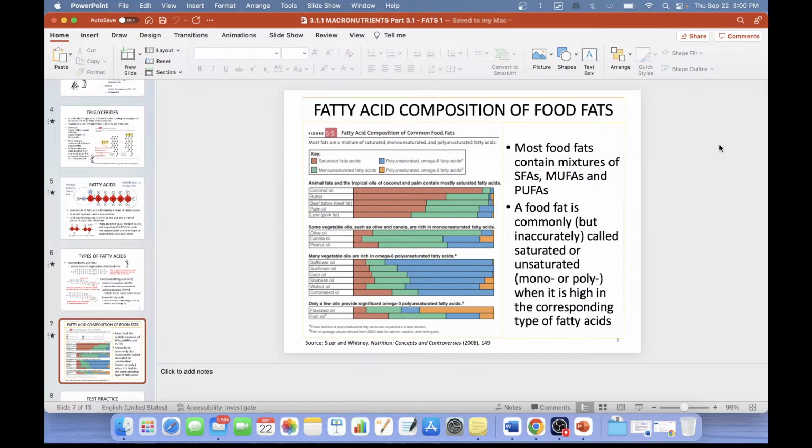standard, accepted knowledge in nutrition science that saturated fats, that is fats that are high in saturated fatty acids, are unhealthy because they cause cardiovascular disease, and that unsaturated ones are instead healthy because they protect against cardiovascular disease. That is contested.